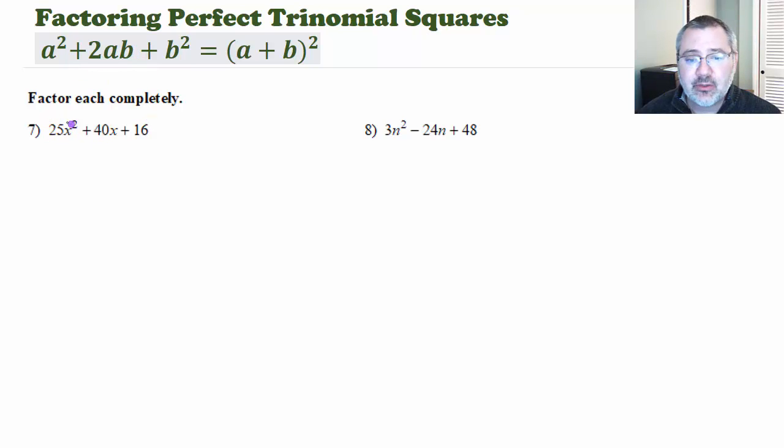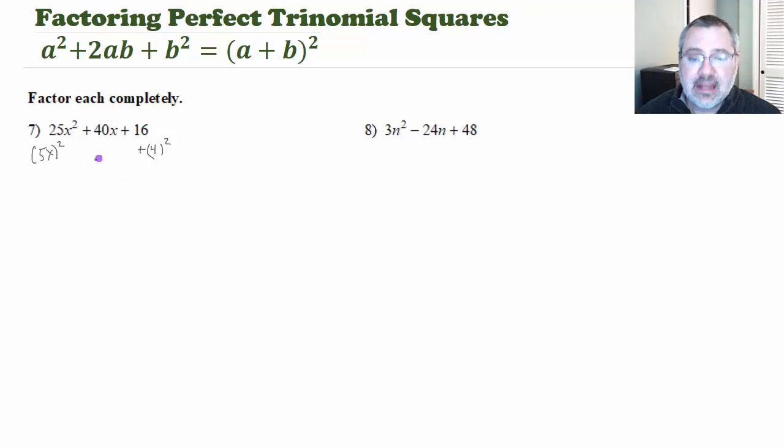Is the first term a perfect square? It is. You square 5x to get 25x squared. Is 16 a perfect square? It is. You square 4 to get 16.